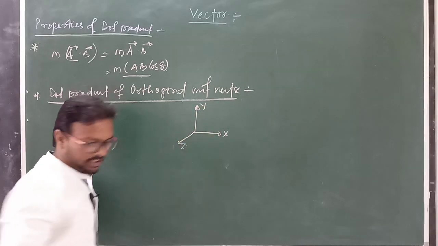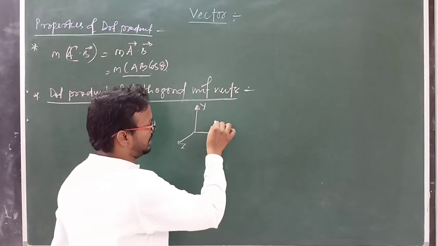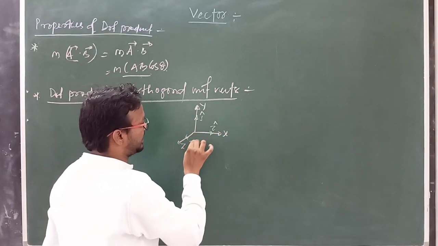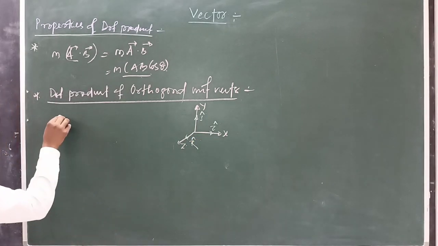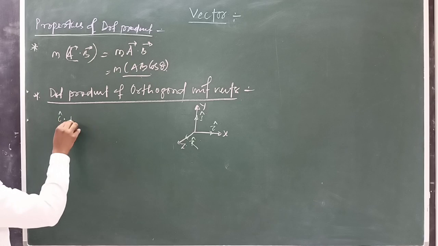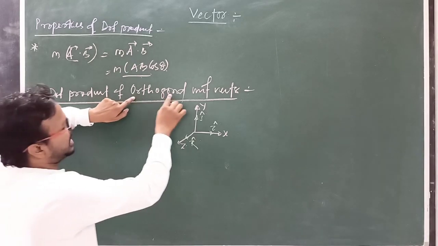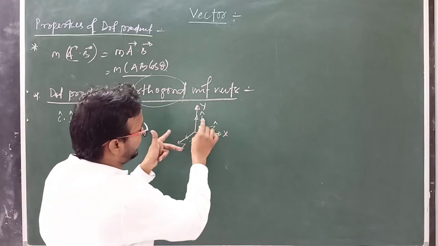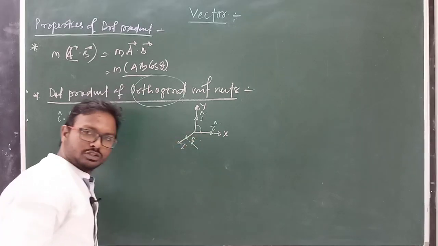Along the x axis the unit vector is i cap, along the y axis j cap, and along the z axis k cap. Now we first find i cap dot j cap. Why is it called orthogonal? Because the angle between i and j is 90, j and k is 90, and k and i is also 90 degrees.